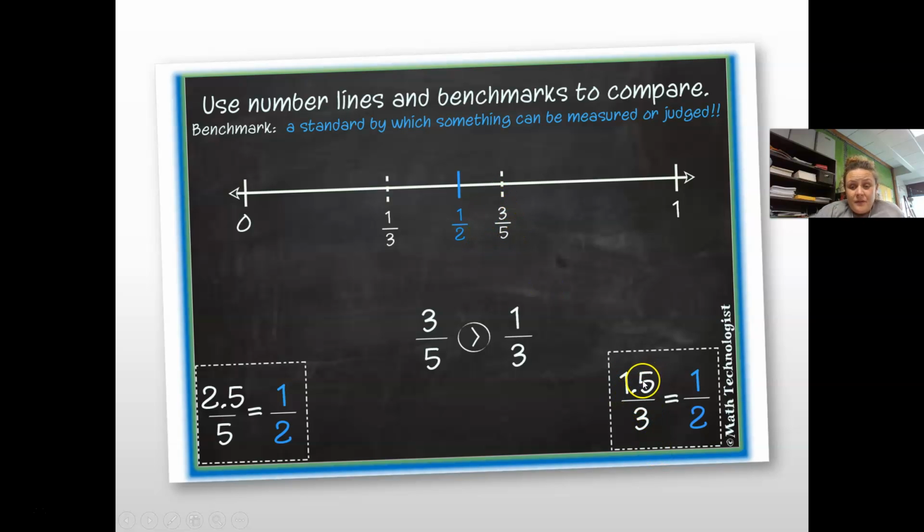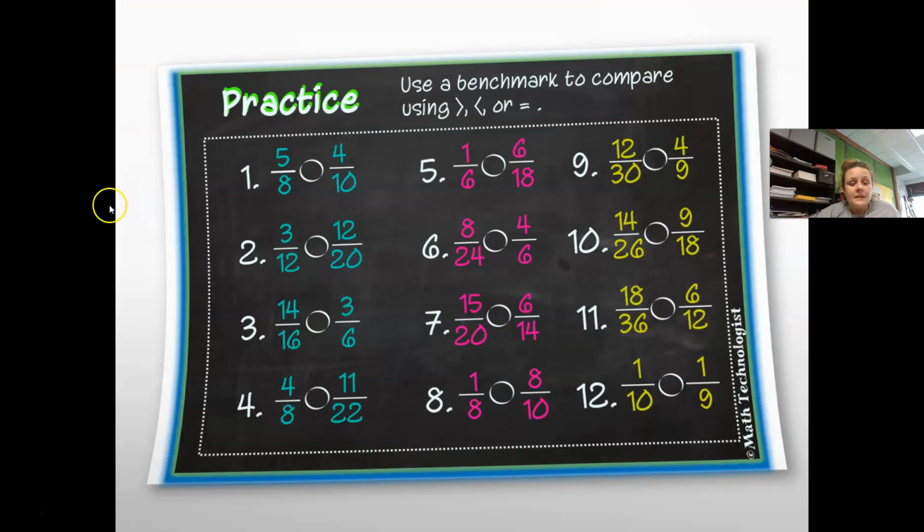Whereas 1/3 has a 1, and 1.5 is equivalent to a half. And this is only 1. So we see it's less than a half. So 3/5 is greater than a half. 1/3 is less than a half, because 1.5 over 3 would be the half. So 3/5 is greater than 1/3.